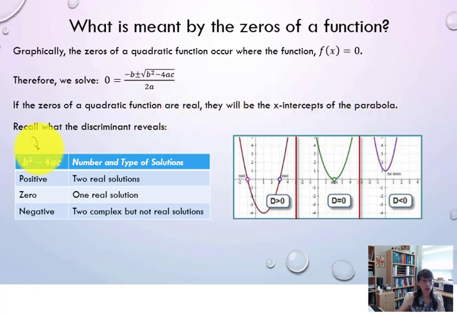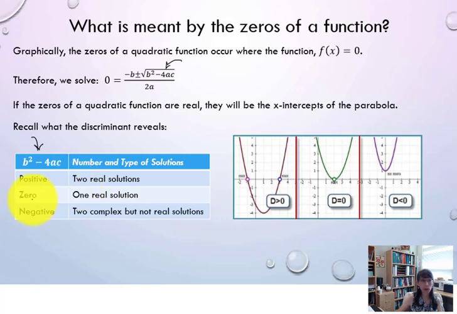Looking just at the portion for the discriminant, that is the b squared minus 4ac, that's what we find underneath the radical of our quadratic equation. And when we have a positive number generated under that radical, we expect two real solutions. That means two x-intercepts or two zeros of the function.